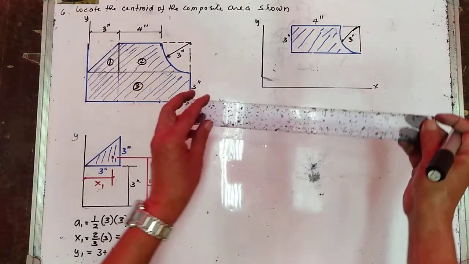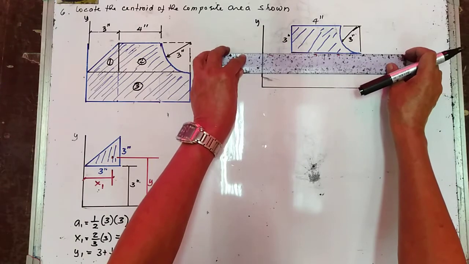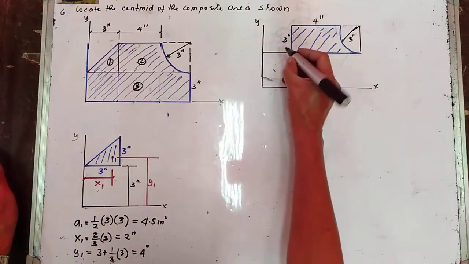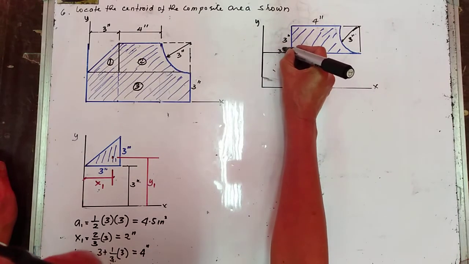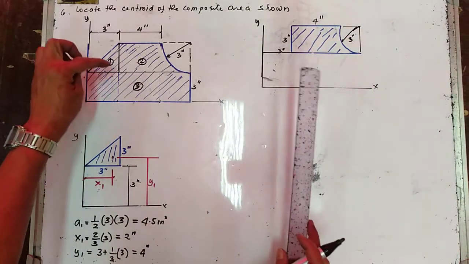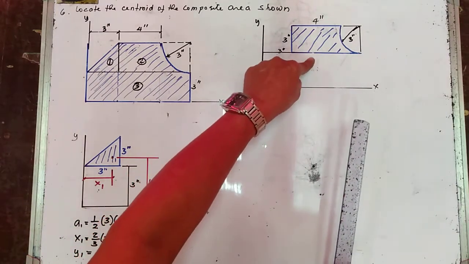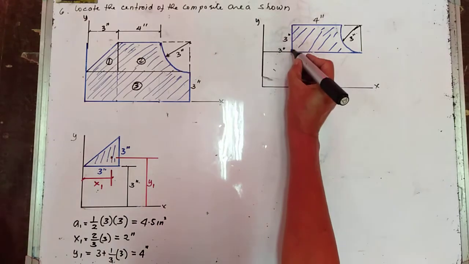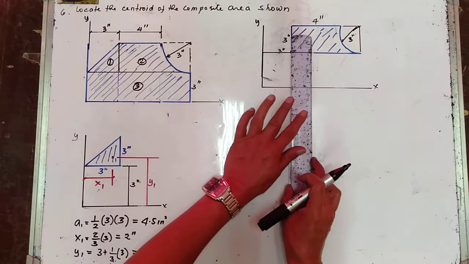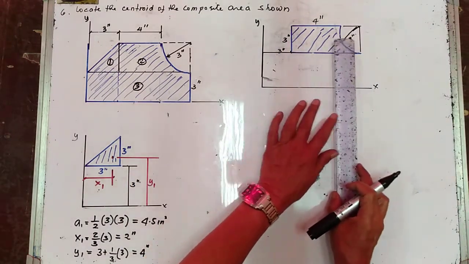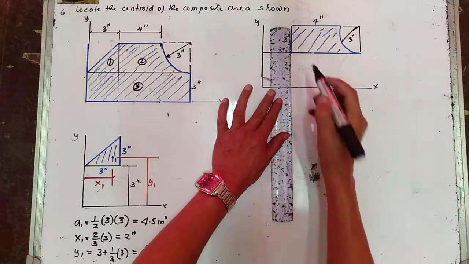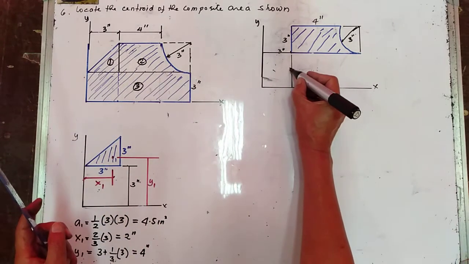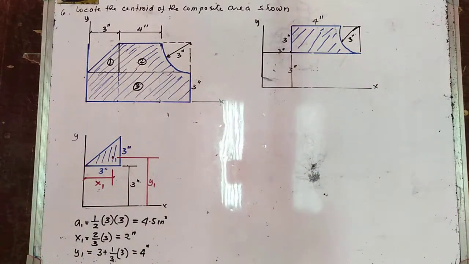So this area, the distance from this point up to the y-axis is equal to 3 inches. And the distance of the base of this area from the x-axis is also equal to 3 inches.